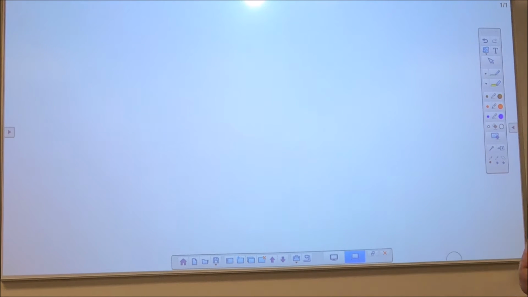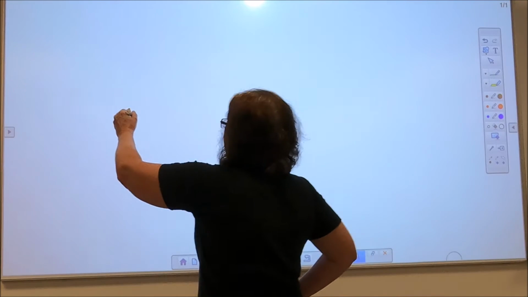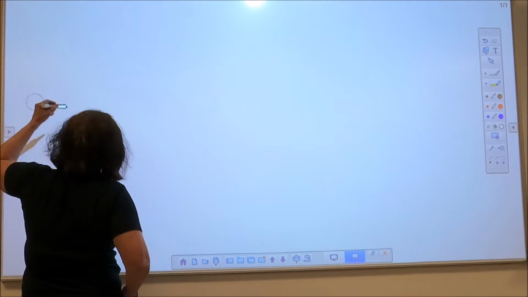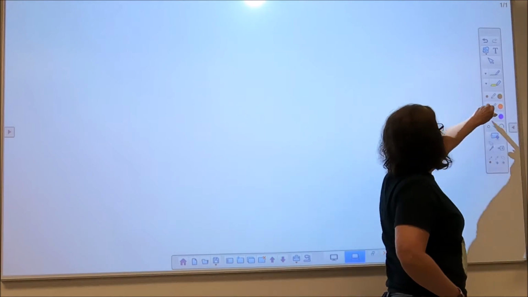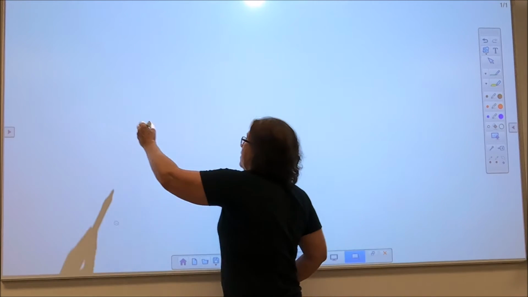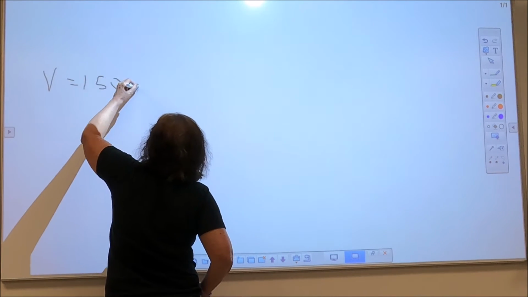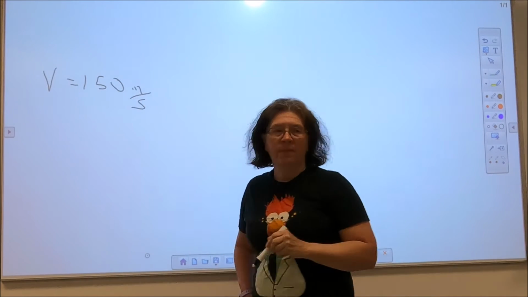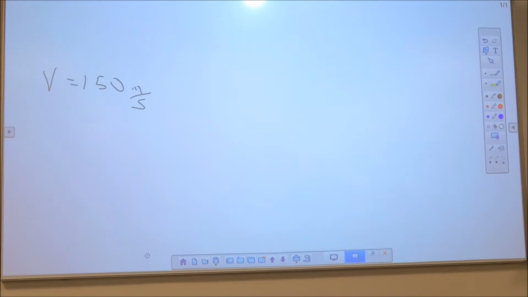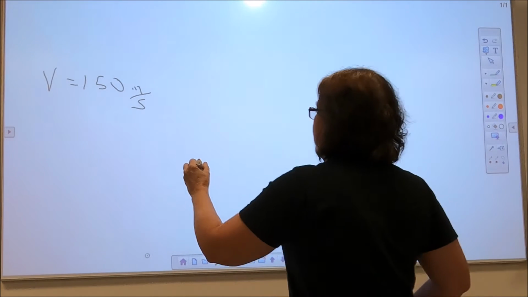Now let's look at problem 2. Problem 2 says the wave speed in a string is 150 meters per second. Okay? And it says that the tension is 75 newtons.